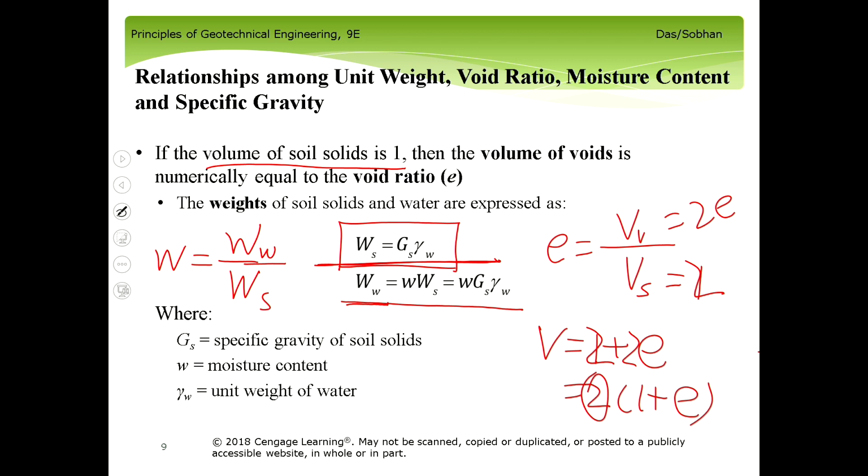As long as you know Ws and multiply water content, you got the weight of the water, right? Then you have this value, right? So in here, we introduced a new coefficient that is specific gravity of soil solids.